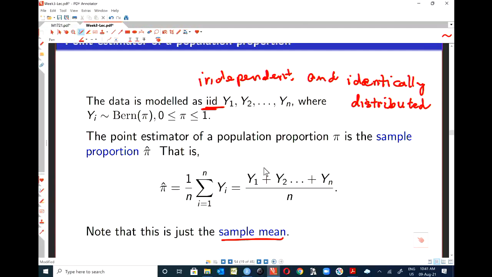So this is the number of successes on top. Yi is 1 if it is a success, number of successes. And this is number of trials. So this is actually a sample proportion of successes.